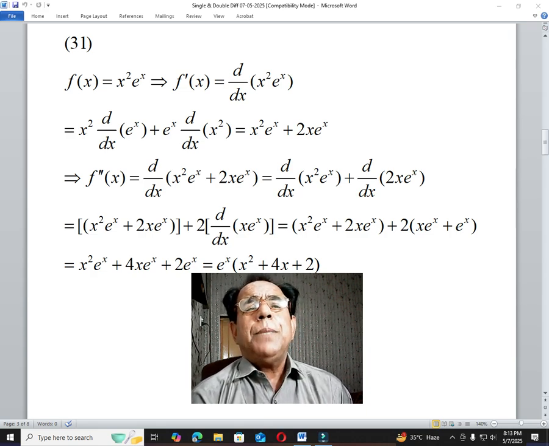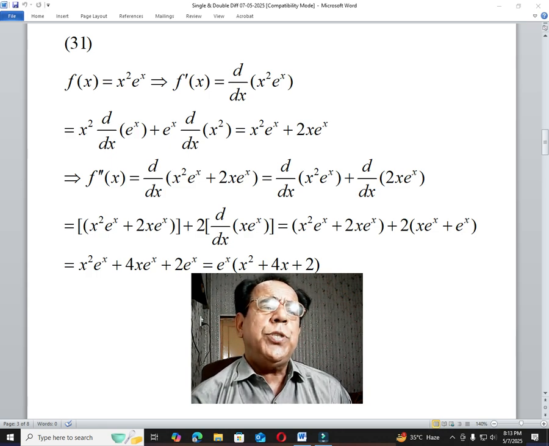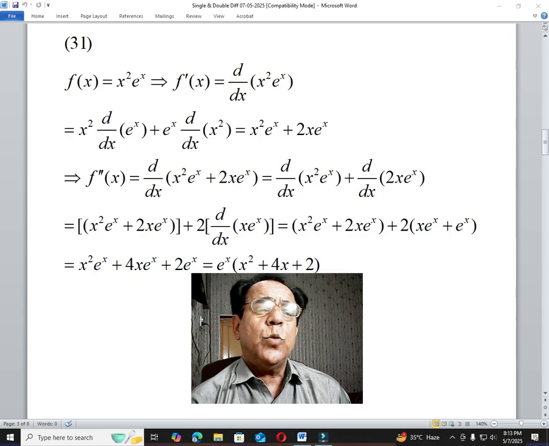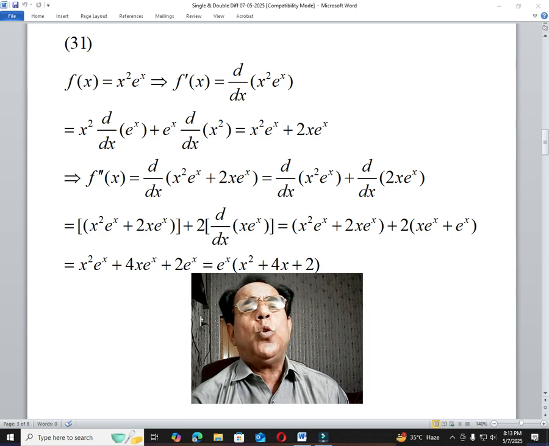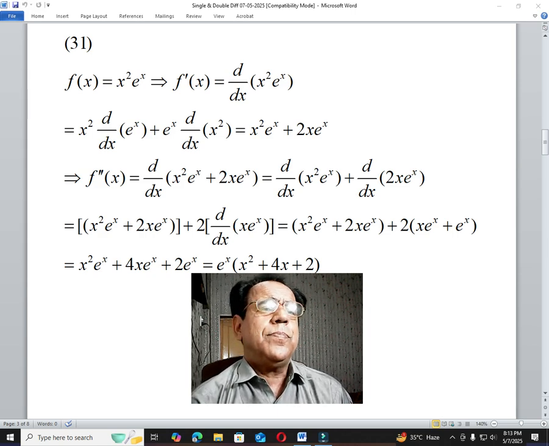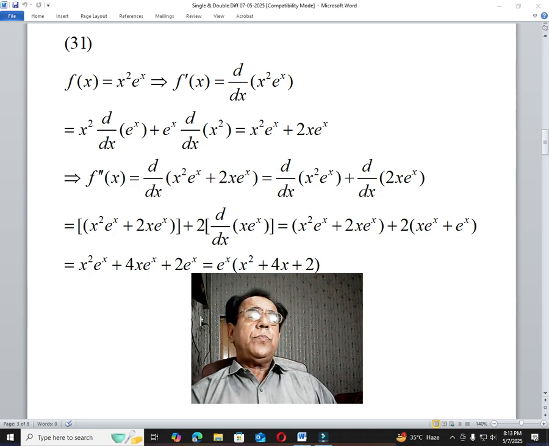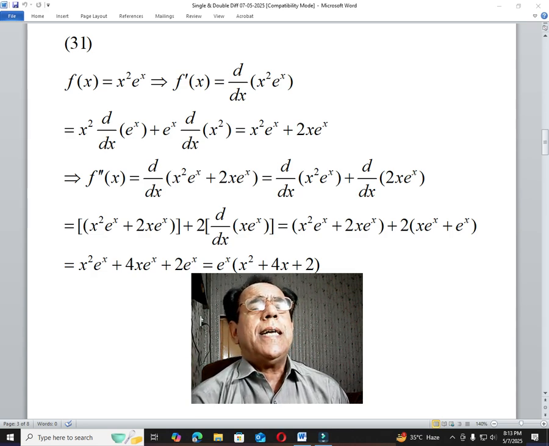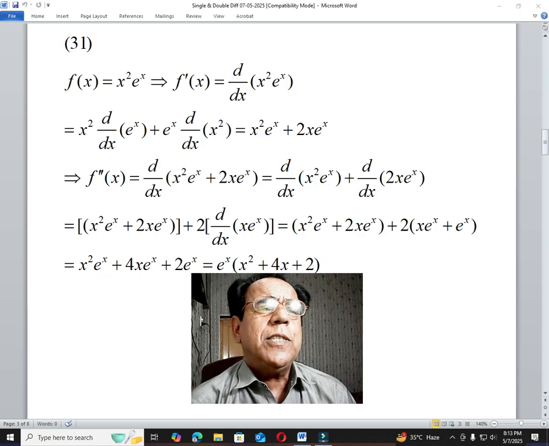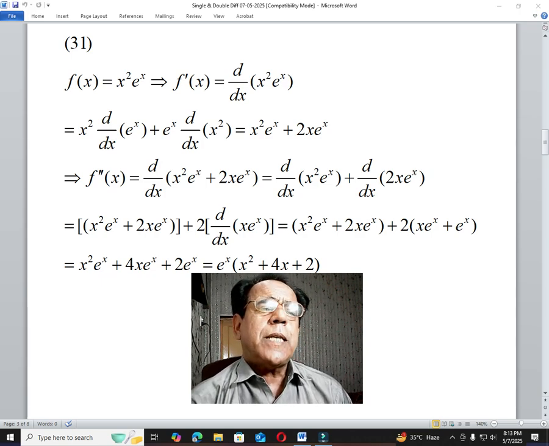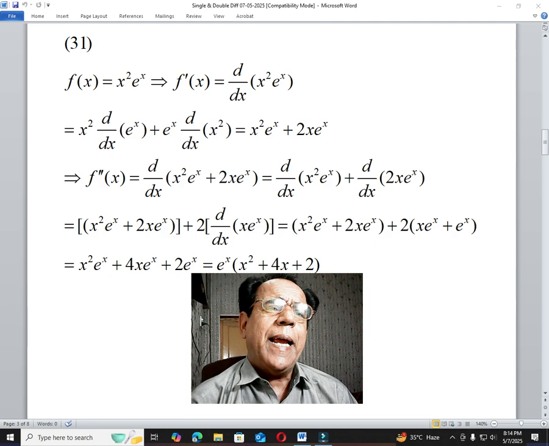But here, because e raised to power x is purely in its original form, as provided in the formula for the exponential function, we will not have to make any second step. So x square is being multiplied because the first time we have taken x square as a constant and differentiated e raised to power x, which gives us the same answer as the question itself.